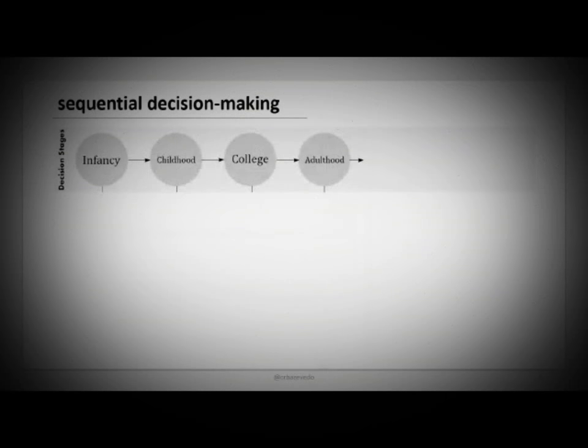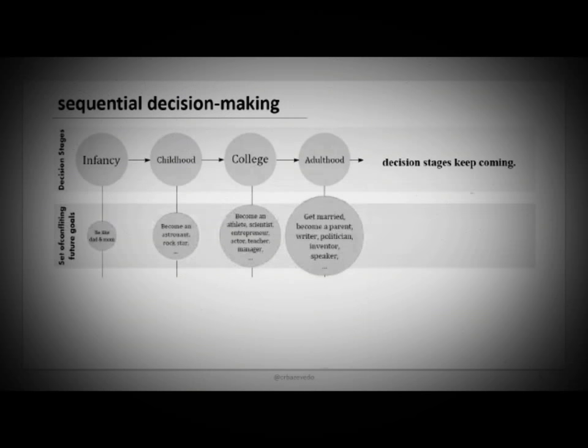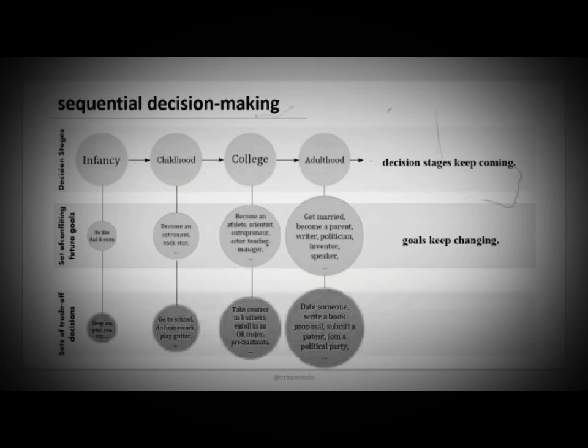So the best analogy for how this should work, I think, is life itself, okay? Everyone here is alive, I hope so. And in life, we go through several stages, several phases, and there is no stopping. They keep coming, and we need to take decisions, and in every stage, our set of conflicting future goals keeps changing. They keep evolving, and we should take decisions.